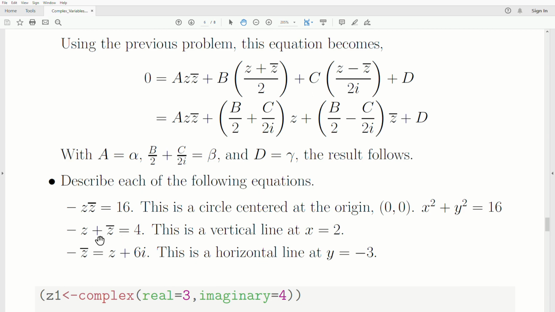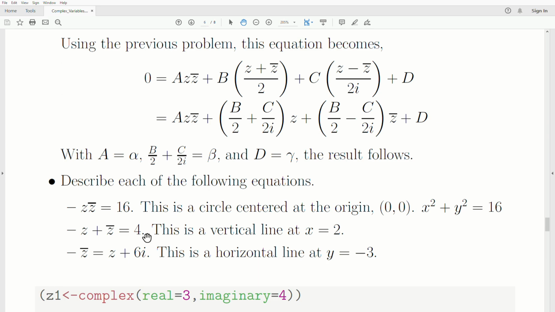If we look at this expression, z plus its conjugate equals 4, and then we expand, we put in x plus yi and the conjugate, and that simplifies to x equals 2, which is a vertical line. So this is a vertical line in the complex plane.